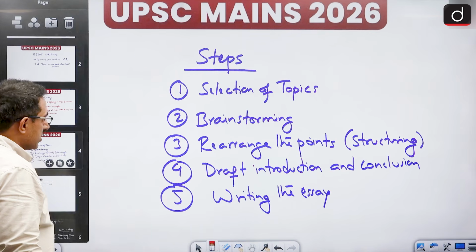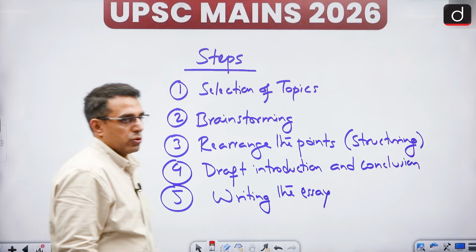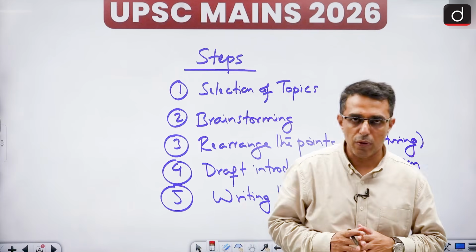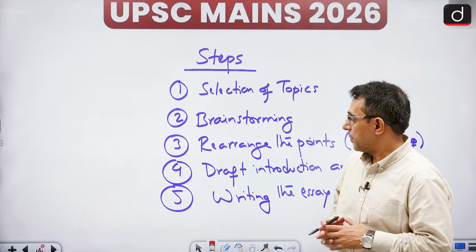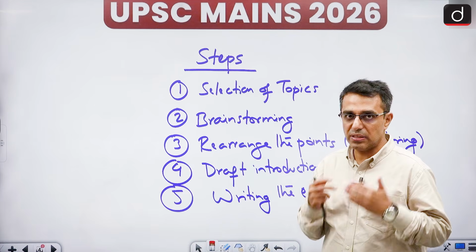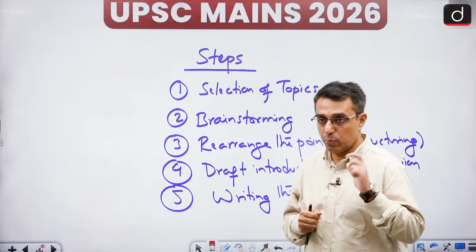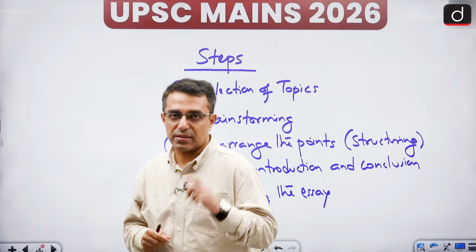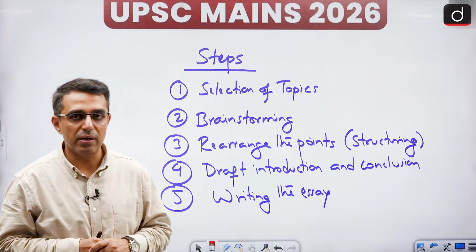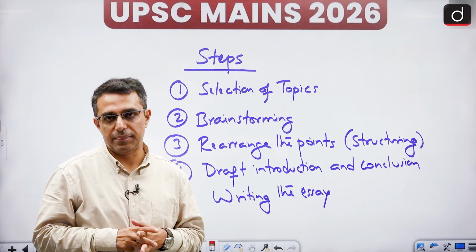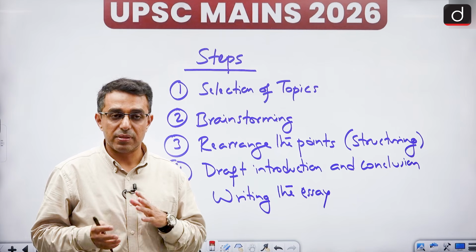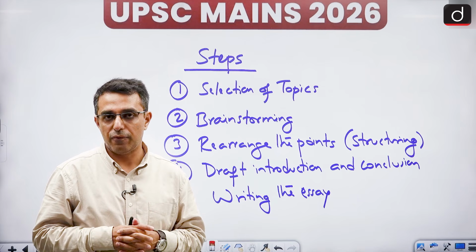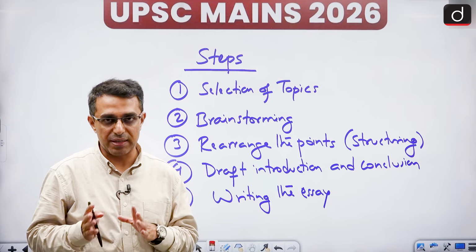Now what are the steps that we need to follow? So these are the basic steps that we need to follow. When the question paper is given to us, then the first and foremost task, and very important one, is to select the 2 topics that we will write the essay. Sometimes it is very difficult, and we have to use all the tricks that we have.